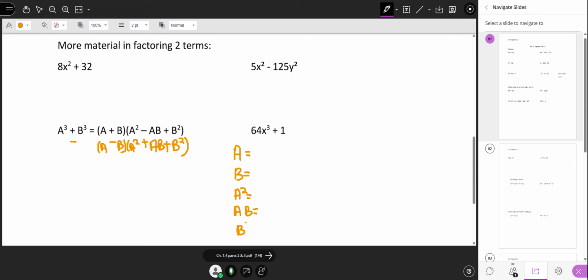Fill out those 5 pieces because that's exactly what these 5 pieces are right here. And then you just fill in the formula. Remember, A is the cube root of the first, B is the cube root of the second, and then you just follow what these last 3 pieces show.